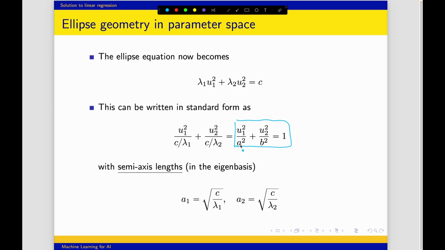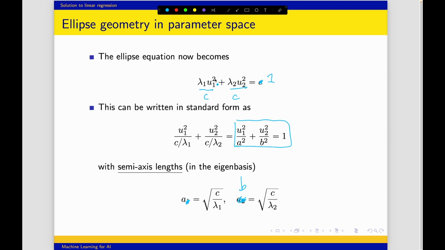Where these A and, I call them A1 and A2 here, A and B, are the semi-axis lengths, the semi-minor and the semi-major axis lengths. We'll see a diagram on the next page. And they're given by, according to this, if we divide through by C, this becomes 1.